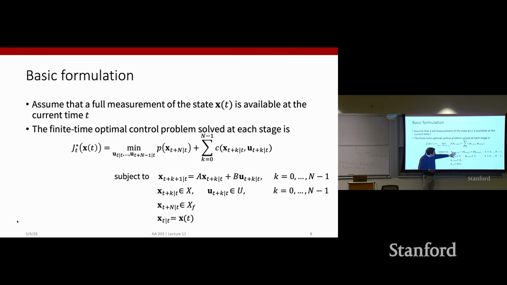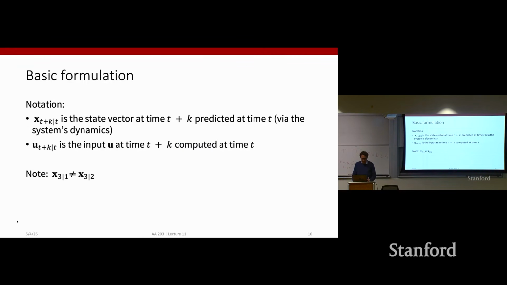Where is all this complicated formulation coming from? You know, yes, this vertical bar, t, and so on. What does that mean? So that means the following. x_{t+k|t}, just terminology, is the state vector at time t+k predicted at time t via the system dynamics. u_{t+k|t} is the input u at time t+k computed at time t.